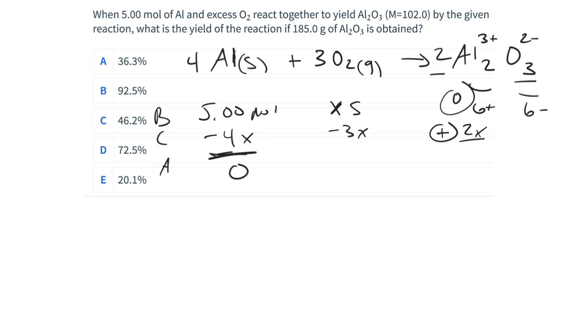Now after the reaction completes, we should be down to 0. Once the reaction goes to completion, we've consumed all of our aluminum. We still have some O2 left over because we're told it was an excess. Then we have 2 times x in the amount of product that's formed. And so then I could solve for x.